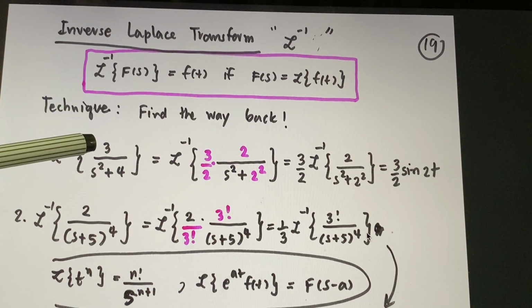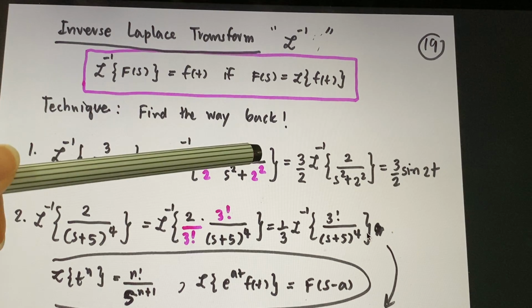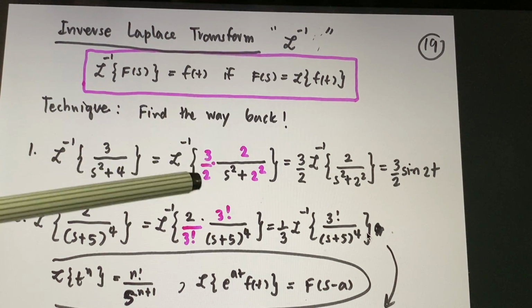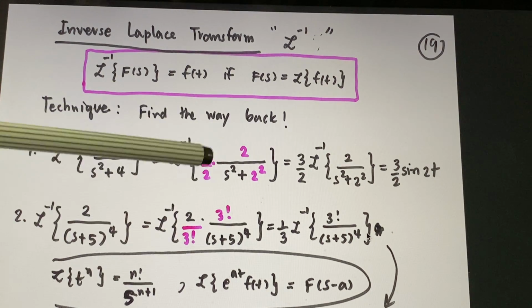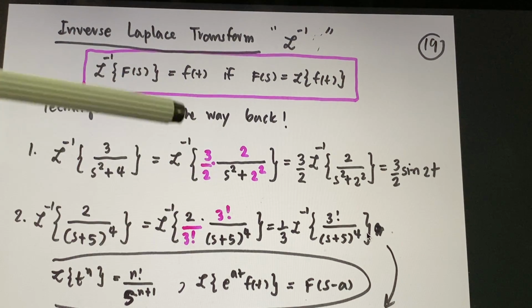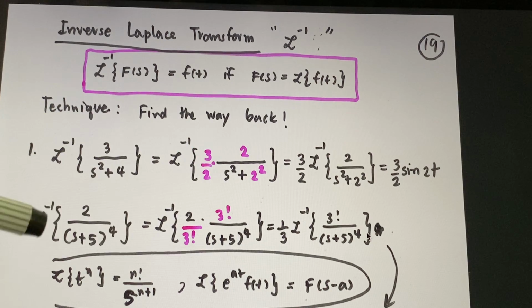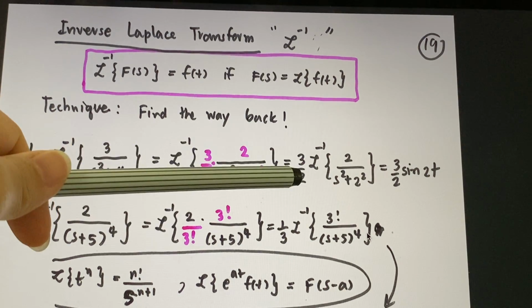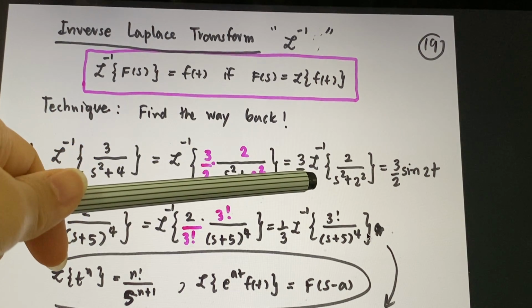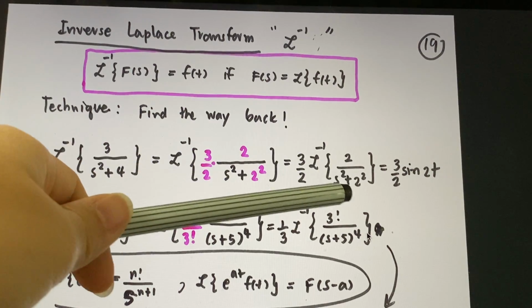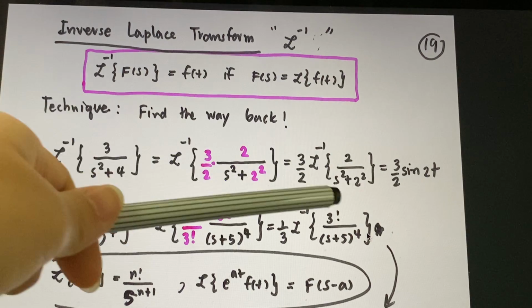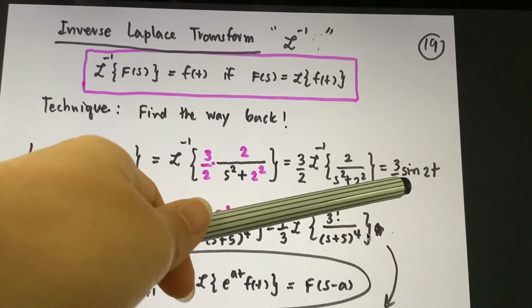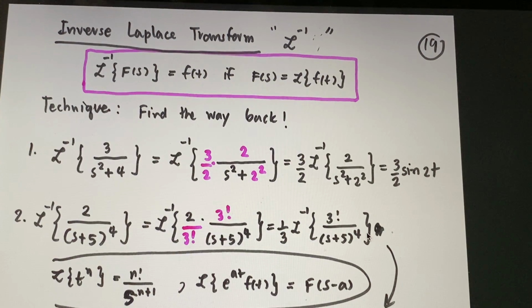But in the original problem, we don't have 2 up here. So we write 2 here, and you need to divide by 2, so it's just like multiplying by 1. 3/2 is just a constant. So it's equal to 3/2 times inverse Laplace of 2 over s squared plus 2 squared. So it's equal to what? This term is sine 2t, times 3/2. Here we go. Not bad, right?